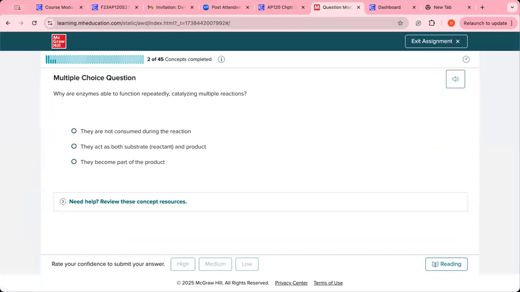Why are enzymes able to function repeatedly, catalyzing multiple reactions? They are not consumed during the reaction. They act as both substrate, reactant, and product, or they become part of the product. Why?